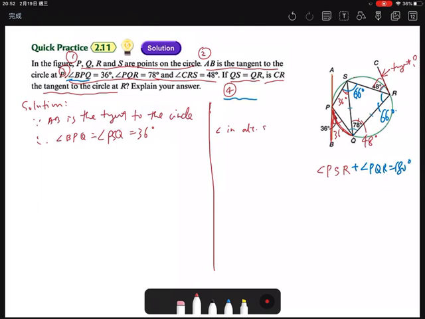The reason is angle in alternate segment.